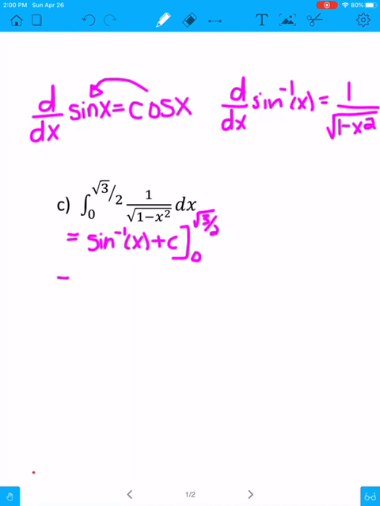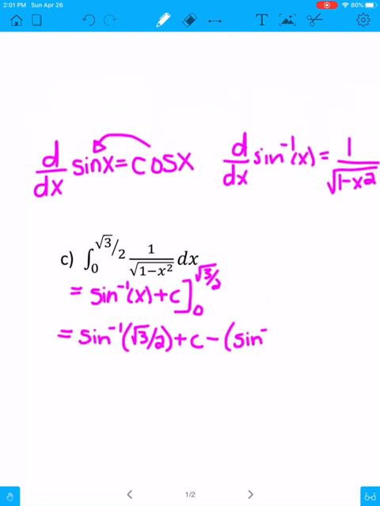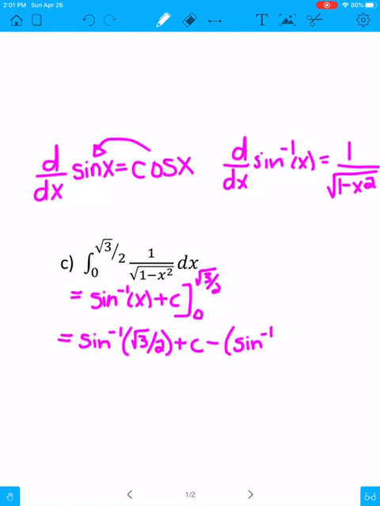Then we do function notation where we fill in the root 3 over 2 first, subtract, fill in the lower bound. So we're going to get sine negative 1 of root 3 over 2 plus c minus sine negative 1 of 0 plus c.